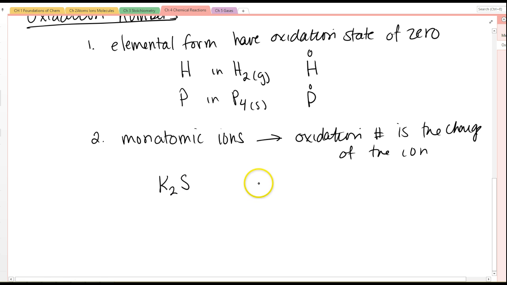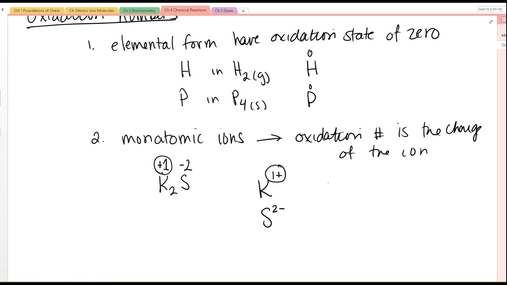The potassium in that has a 1+ charge, potassium ion, so its oxidation state is going to be +1. The sulfur has a 2- charge, so its oxidation state is going to be -2. Notice this is why we write charges as the number then the sign, but the oxidation state is written as the sign and the number, so we can distinguish between them. Oxidation state is +1, but the charge is 1+.